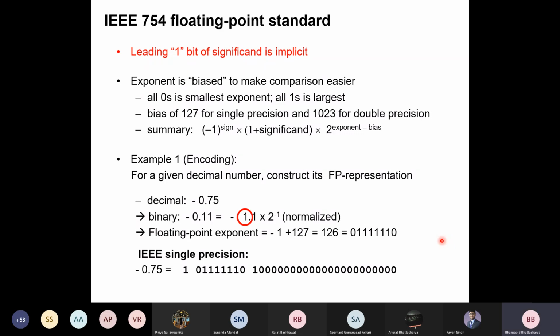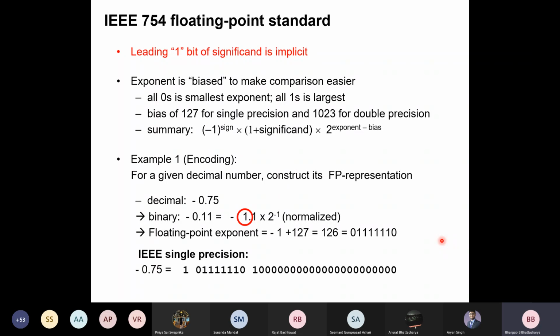So 1 plus 8 plus 23. And the second point is that my bias is excess 127, and there is 1 bit which is hidden in the significand. When you want to reconstruct the significand, we restore that 1 bit.